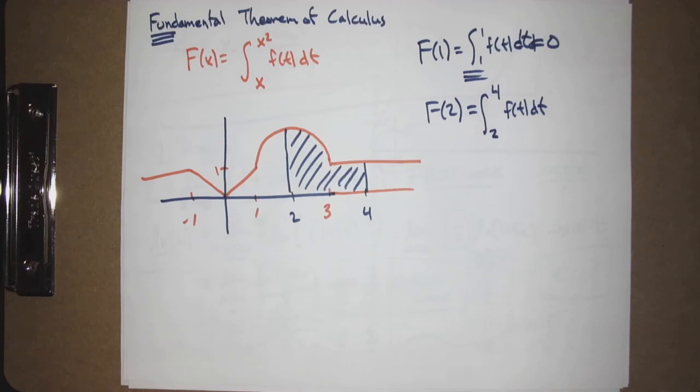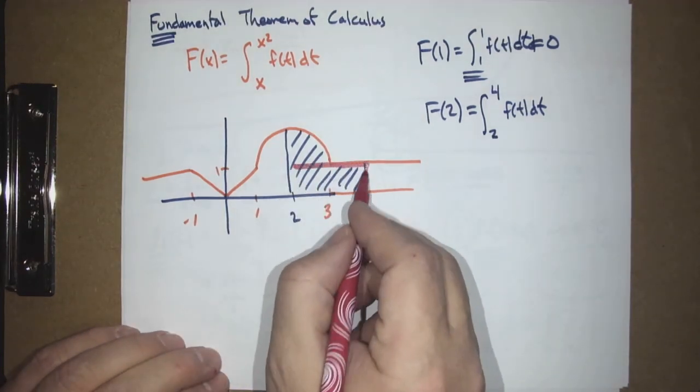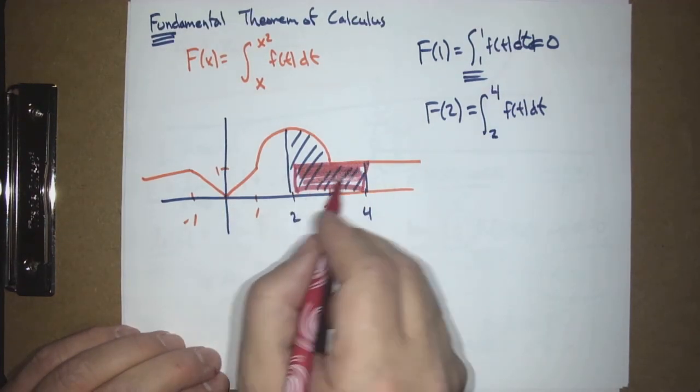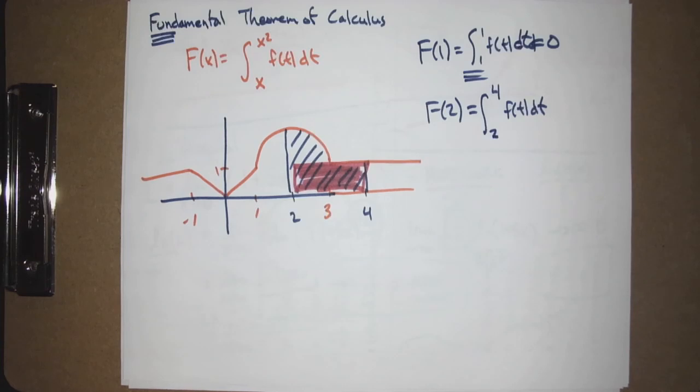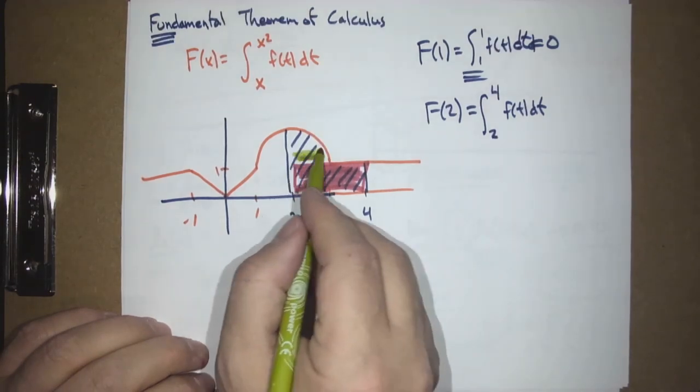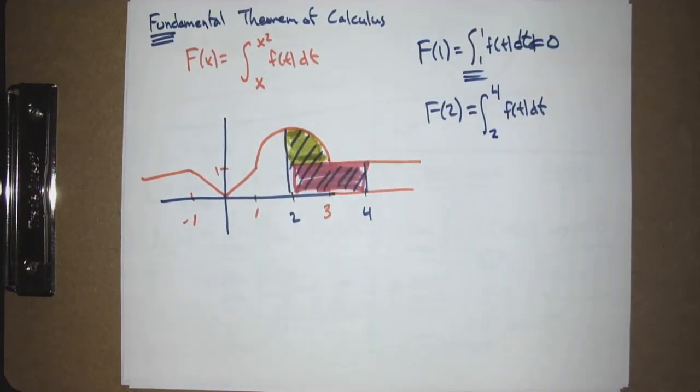Can we find that? Yeah, think of geometry. Think of it as like a rectangle. And what else? A fourth of a circle. It's like a quirkle, a quarter circle.